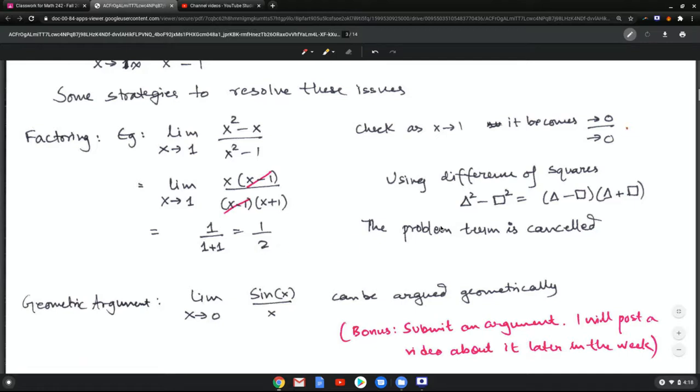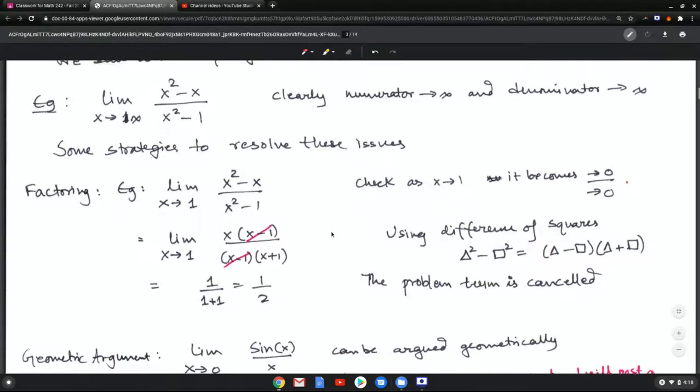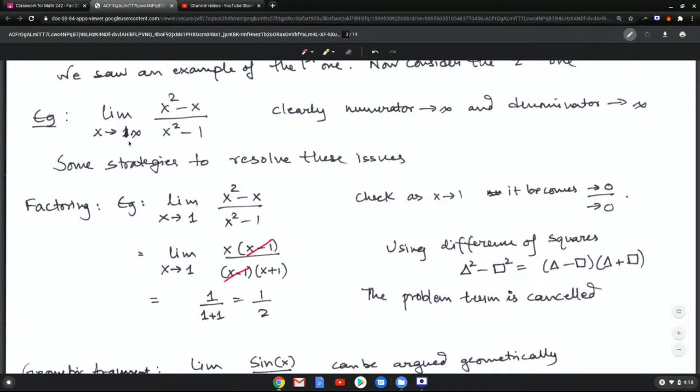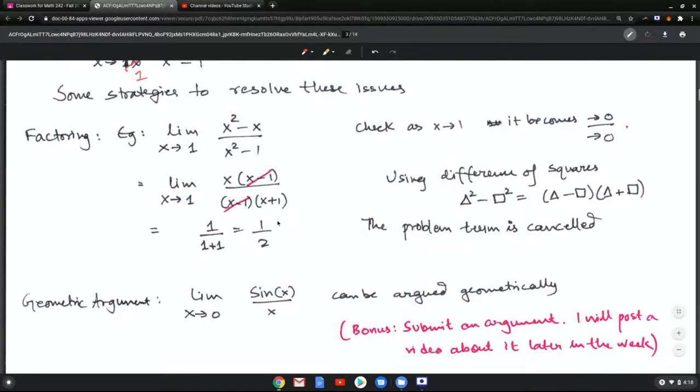The problem term gets cancelled, so it no longer goes to infinity. Actually, I'm changing this to x goes to 1, where the numerator goes to 0 and the denominator goes to 0. So it's still a 0 by 0 case, not infinity by infinity.